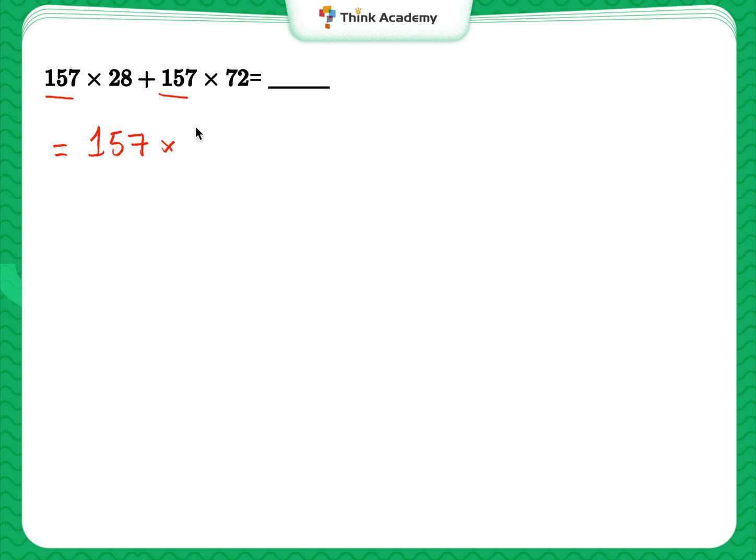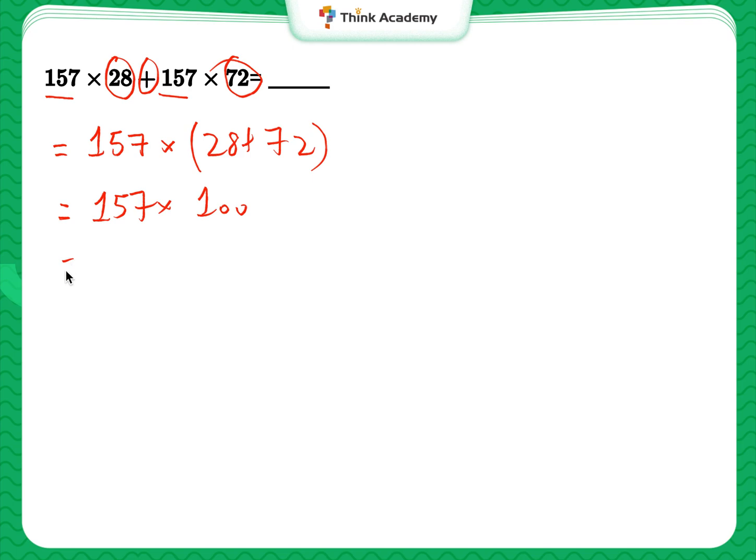And that can be multiplied to the sum of 28 and 72. That's like the inverse application of the distributive law. So we have 157 times 100, and that is going to be 157 hundredths, and that's the answer.